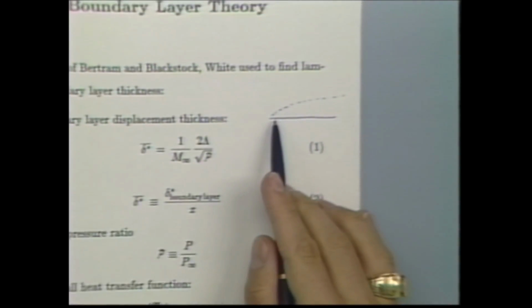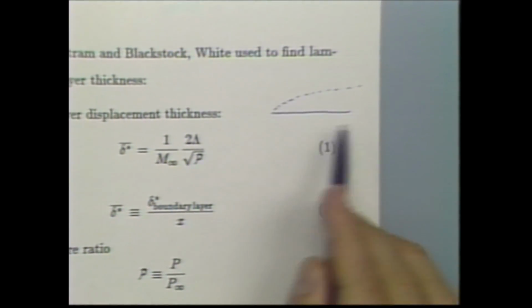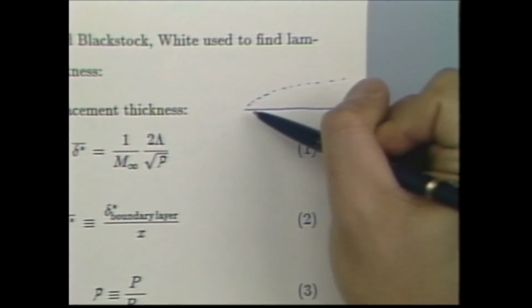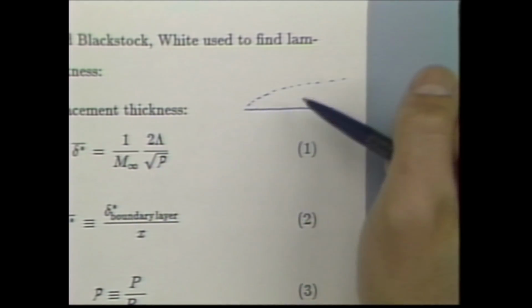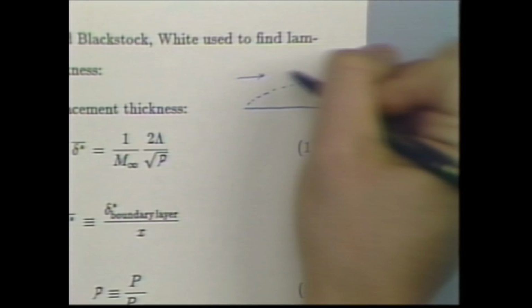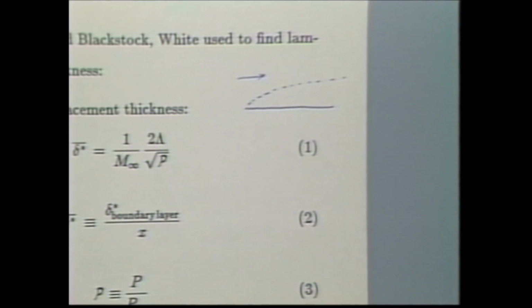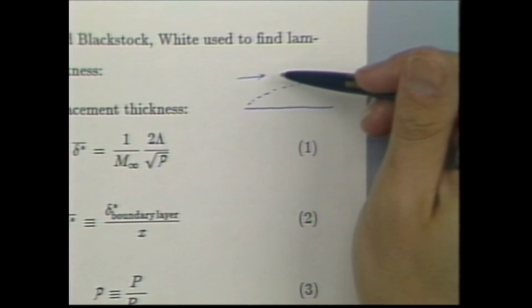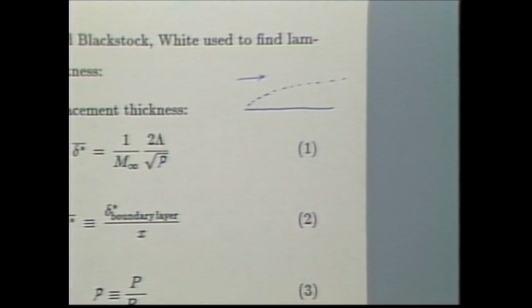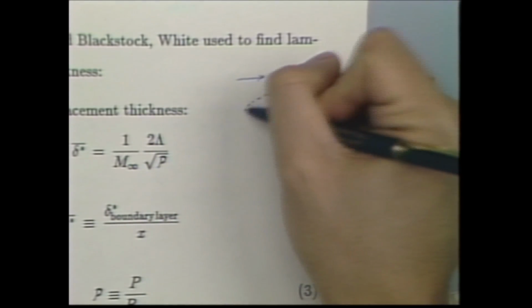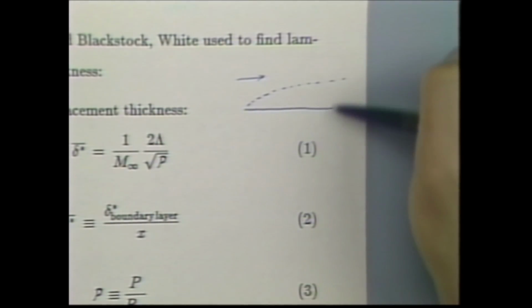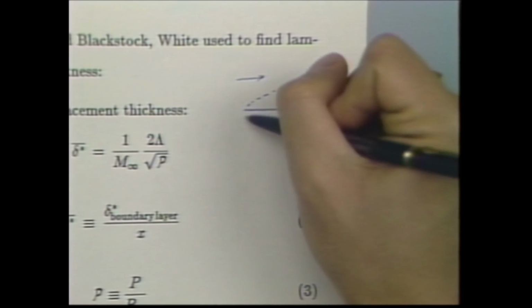Now, even if the surface that we're looking at is at 0 degrees angle of attack, the boundary layer will appear to have an effective displacement, and therefore an effective angle of attack, or effective surface inclination, for the free stream flow. Now think about what that does to the shock. The shock wave will see what it thinks is a blunter body, or a blunt body in this case.